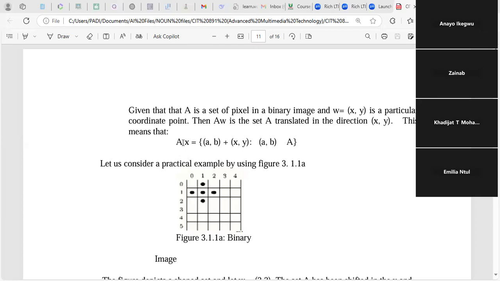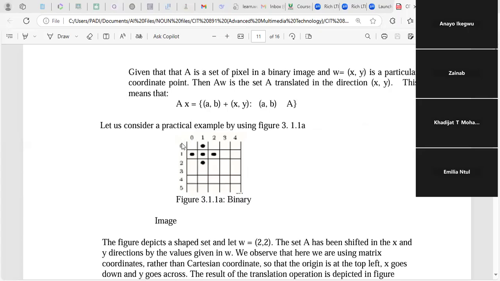We are saying that when you have a set of pixels combined with one of the coordinates in a predefined set, you see this curly bracket, it has a set of x where A and B plus x and y, all of them is a subset of A and B, originating from what? A.